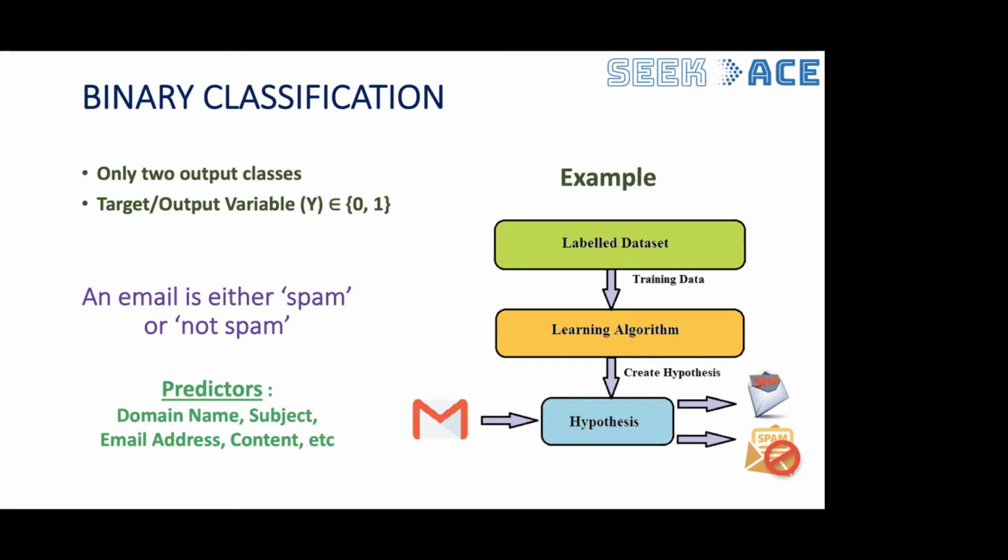Nowadays, this email classification is a multi-class classification, because by looking at the emails, your algorithm is going to decide which folder it should be placed in, and if there are 5 or 6 folders, then it will be a multi-class classification.